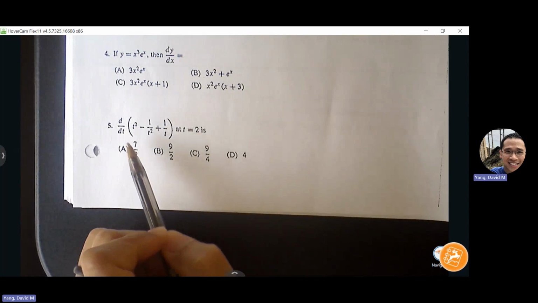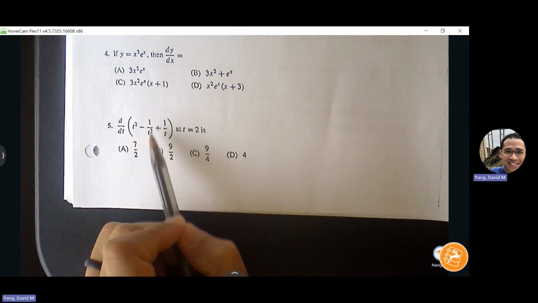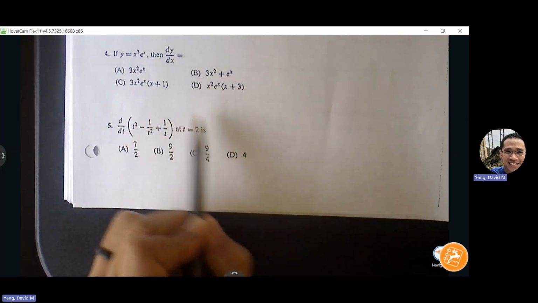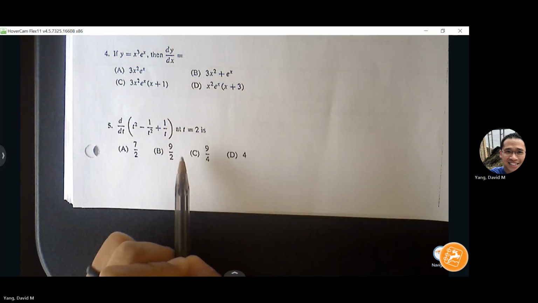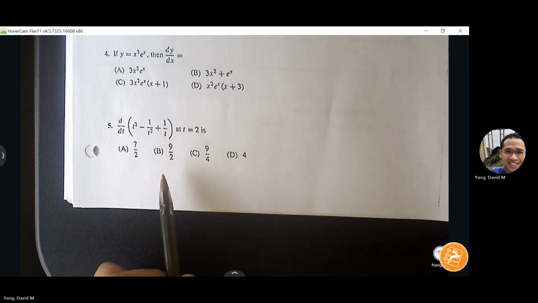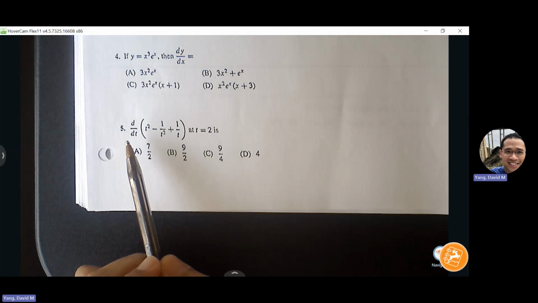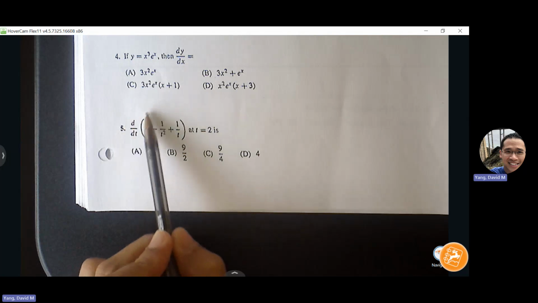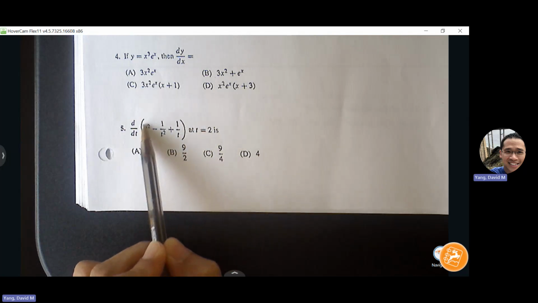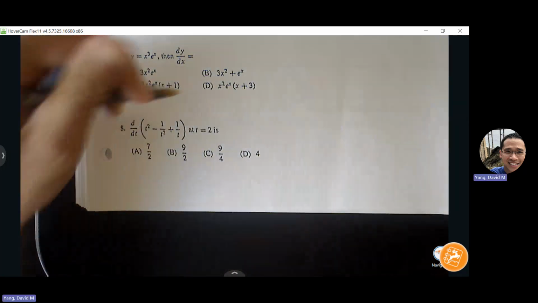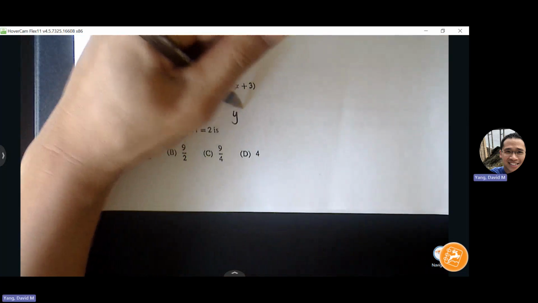Number 5 says d/dt of (t squared minus 1)/(t squared plus 1)/t at t equals 2 is. Do you guys know what this is asking for? Rate of change. Okay, what's another word for that? Derivative. Yeah, find the derivative of this function at 2. Yeah, so imagine this was y of t.